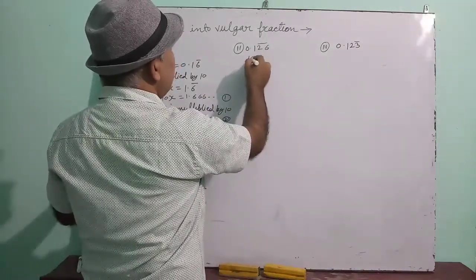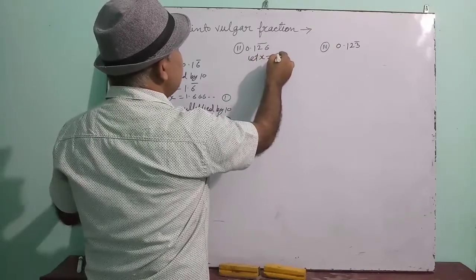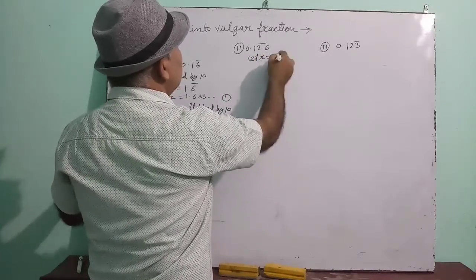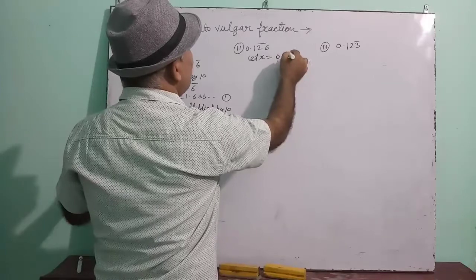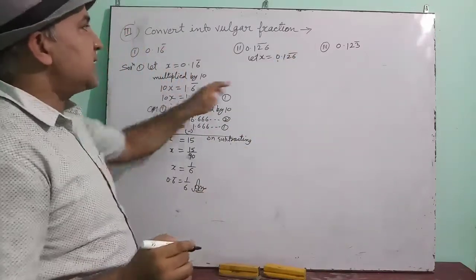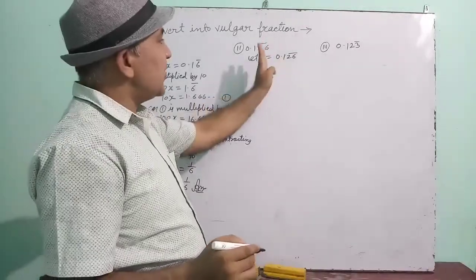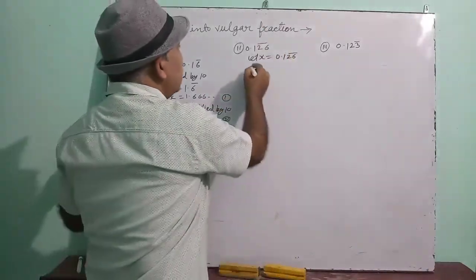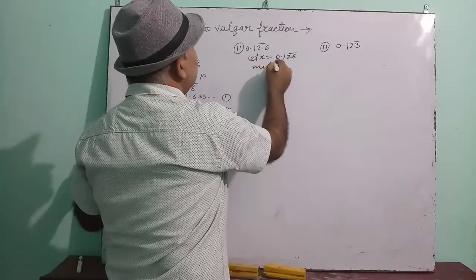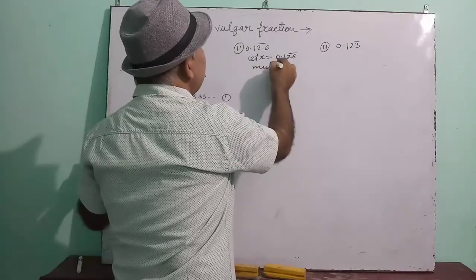See the second one, 0.126 bar. Again, we will suppose that x is equal to 0.126 bar. Again see, the bar is not just after the decimal. So first we will bring the decimal there by multiplying by 10. Why multiply by 10?